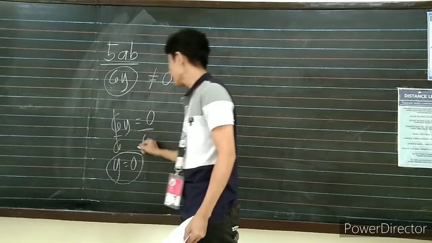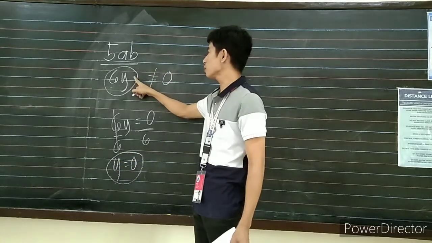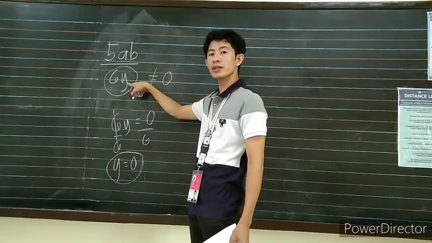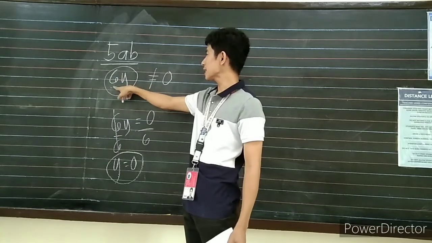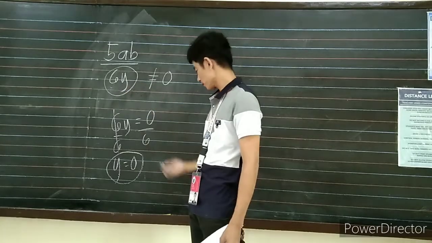So therefore, the value of y here must be 0 to make the denominator equal to 0. Let's check. If y is equal to 0, 6 times 0, so the denominator will be 0.